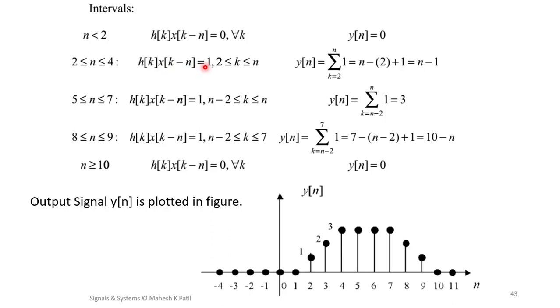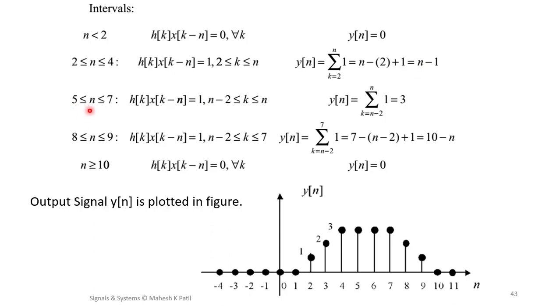This is going to remain as 1, where k lies in between 2 to n. So if you simplify this, we will get y of n as summation of 1 for k varying from 2 to n. If you simplify this, we will get the answer as n minus 1.